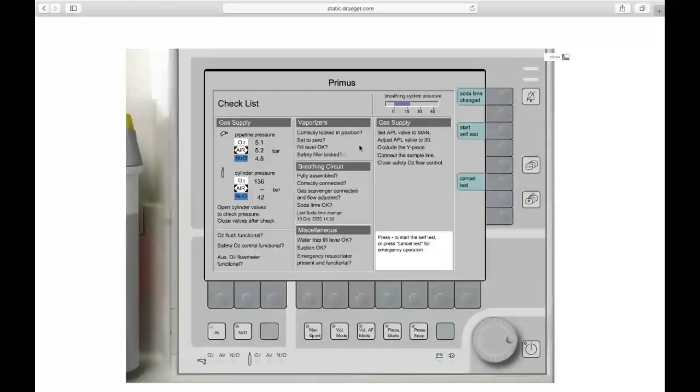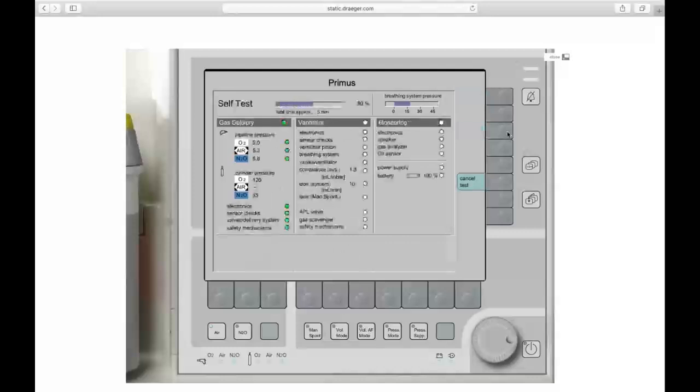Other essential checks, though not directly related to ventilation, include ensuring the suction is operational. Once all these tasks are completed, we can start the machine. The first task is to initiate the auto test. I paused the auto test briefly so you can see the process, as it typically takes about 5 minutes, as indicated here.